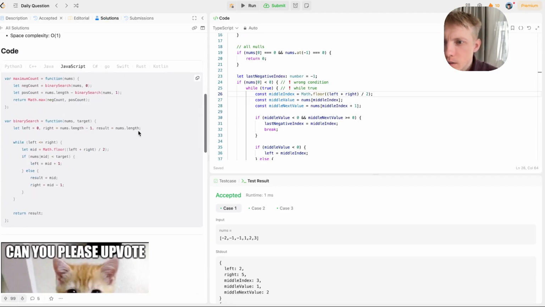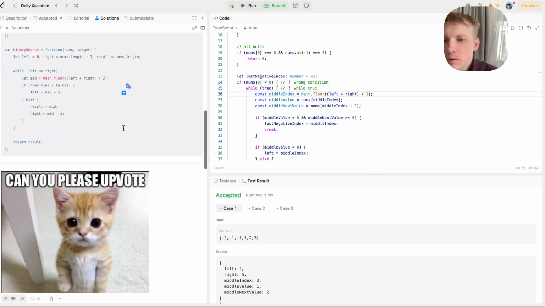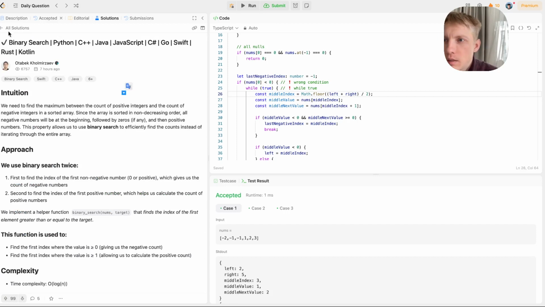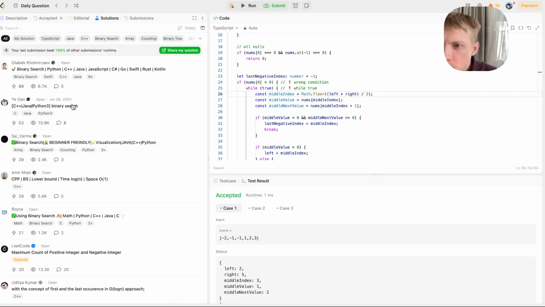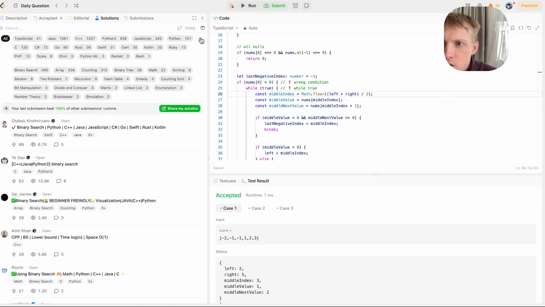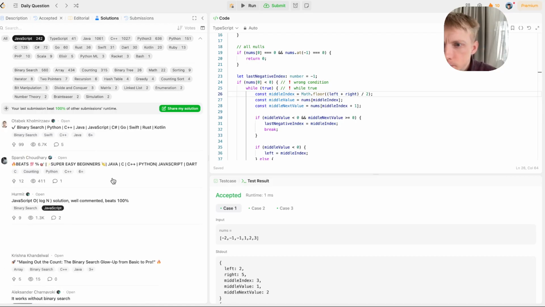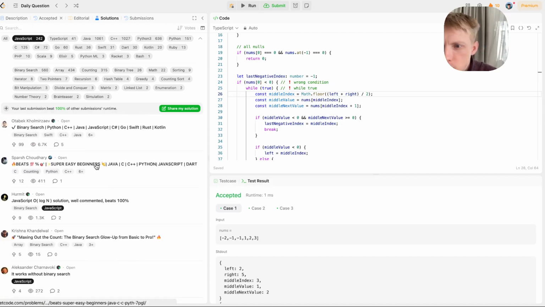For example, this. Okay, we just have two binary searches. Pretty easy. Nothing special. We need JavaScript. Super easy beginners.